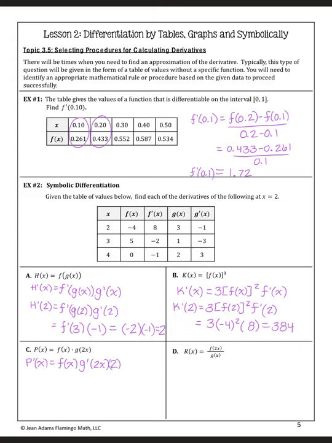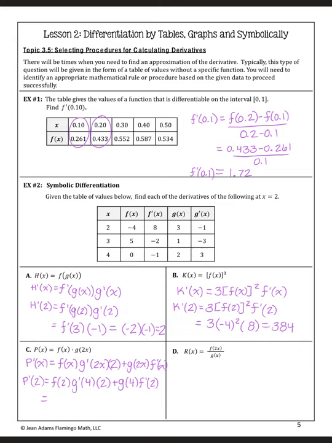So I have the first times the derivative of the second plus the second times the derivative of the first. And if I wanted p prime of 2, I would have f of 2 times g prime of 4 times 2 plus g of 4 f prime of 2.